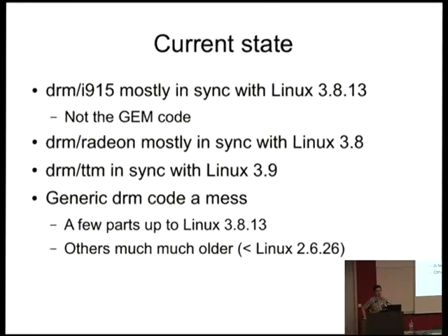The DRM TTM memory manager is based on Linux 3.9, and the generic DRM code is a complete mess. A few parts were updated to be able to work with the Linux 3.8 based drivers, but other parts are much, much older. Much older than Linux 2.6.26 in some cases.